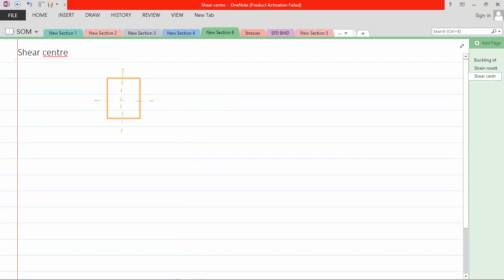Now, because of the symmetry, if you apply a load at the center, suppose this is your support at the end, and the cross section is this, this will try to bend the system. Only bending is there. Okay, only bending.